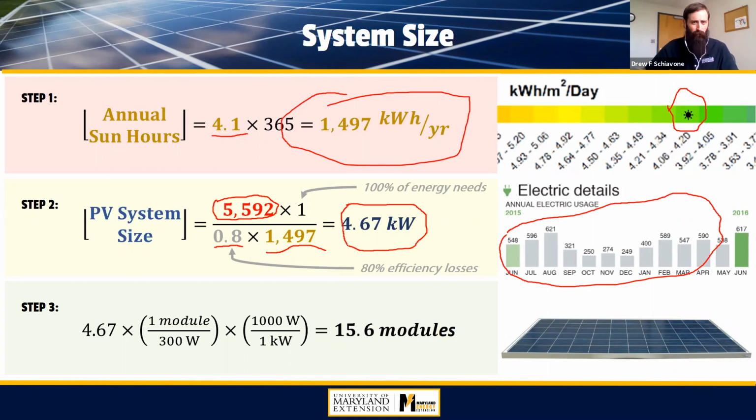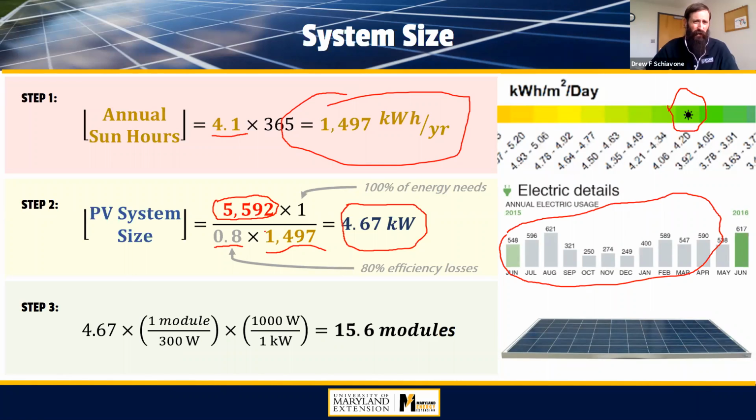That's typically how a solar system is referred to, in terms of the power. Just for a frame of reference, the utility scale systems in the state, the big solar farms, are typically in megawatts, you know, 2 megawatts, 5 megawatts. This is a much smaller residential example, so we're still in the kilowatt range, but a 4.67 kilowatt system.